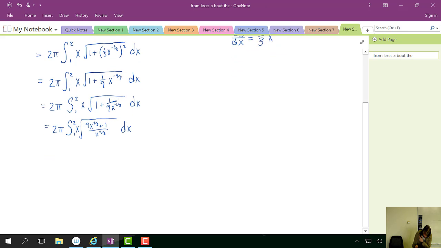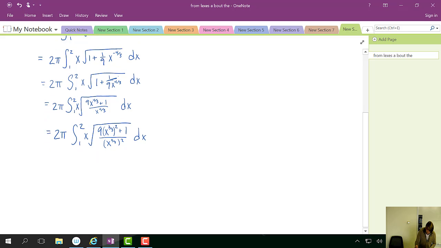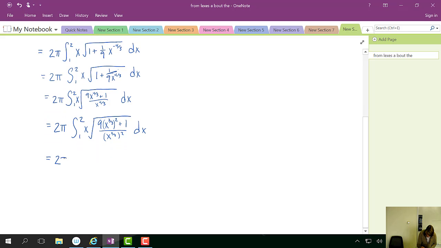Okay, that should work. So if I just simplify it, make it a fraction of the same base, I can rewrite it like this, which allows me to pull out these terms from inside the square root.